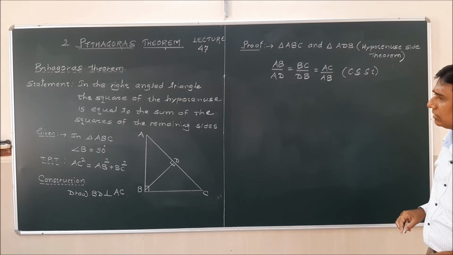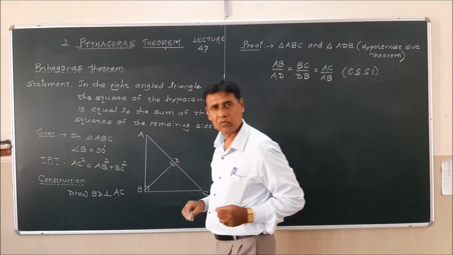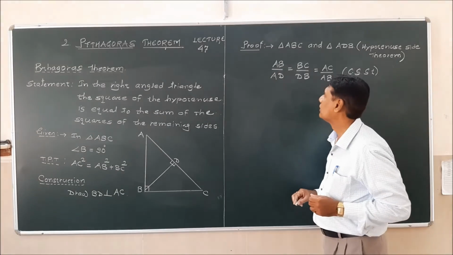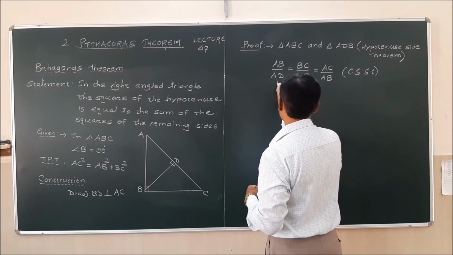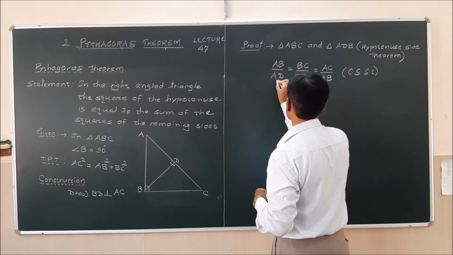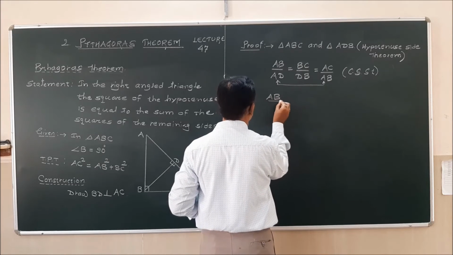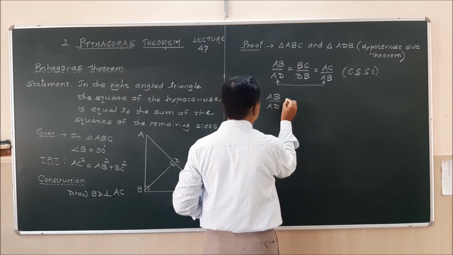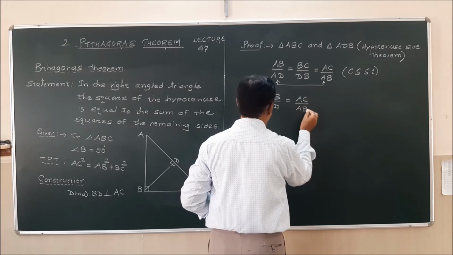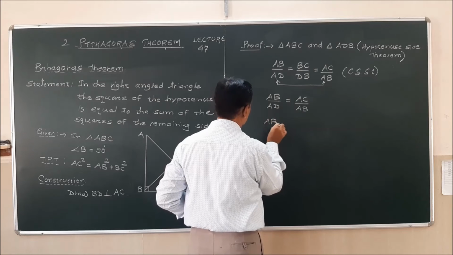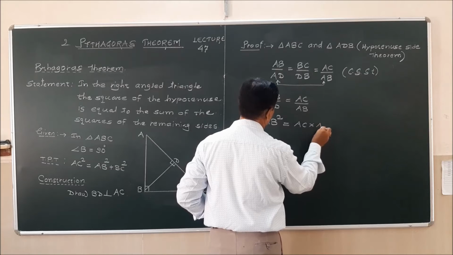Now you will find in our required result, we need to get AB square. And if you look at all these ratios, you will surely find, if I equate first and last, AB upon AD is equal to AC upon AD. Then AB square is equal to AC into AD.